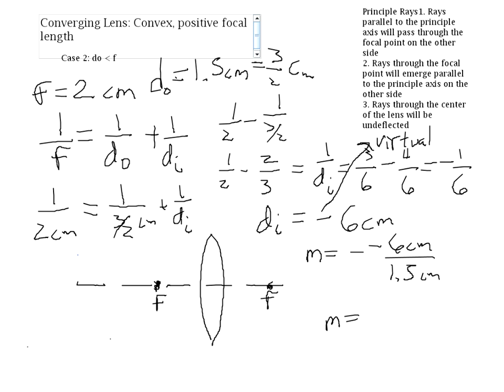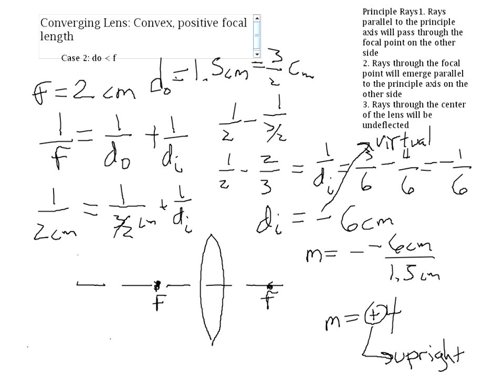Those two negatives cancel, so we end up with a positive 4 magnification. The positive on the magnification means that our image is going to be right side up, or upright, and it will be 4 times bigger than the original object.